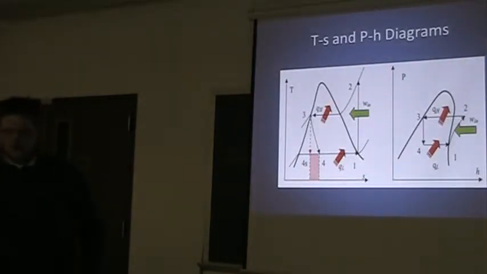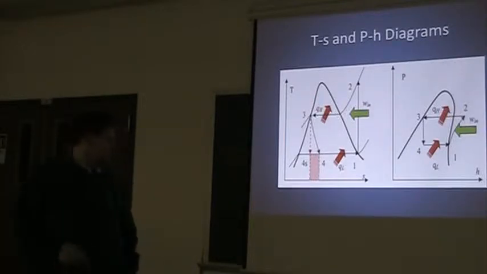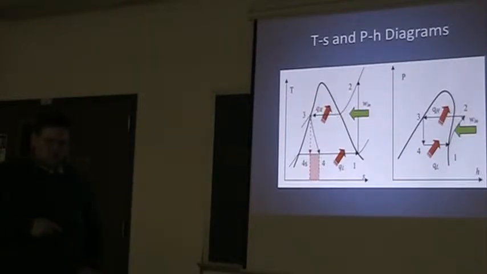Now, as far as what we expect to see with our temperature entropy and pressure entropy diagrams, it should look like this for the temperature entropy. As we start off and go across the compressor, we increase our temperature dramatically up to state 2, then temperature drops back down as we go across the condenser.